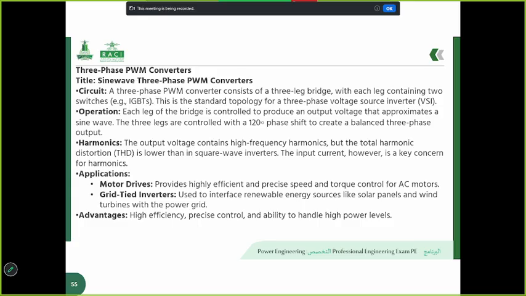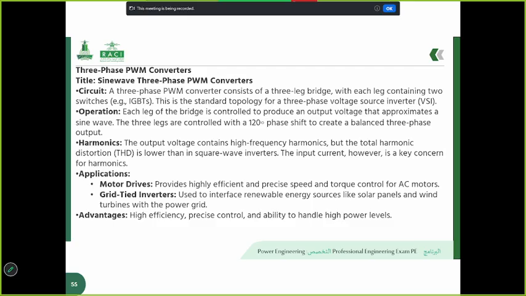While the high frequency switching helps to reduce low order harmonics, the output voltage waveform still contains high frequency harmonic components. These harmonics can lead to losses in the load and the converter itself. Despite this, the overall total harmonic distortion is much lower than in older, less sophisticated square wave inverters.